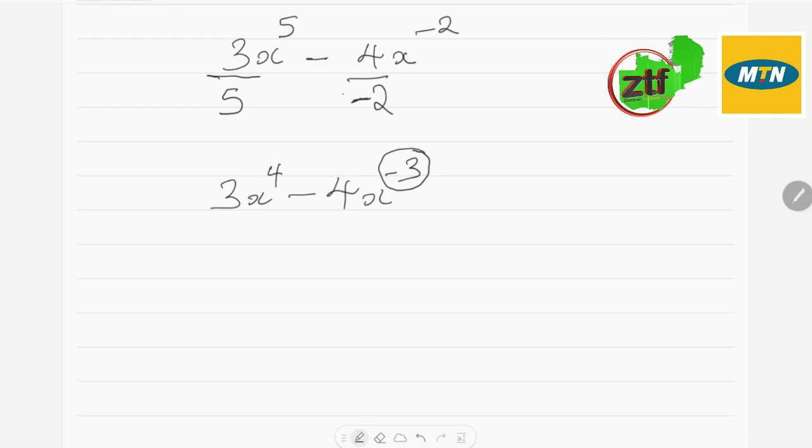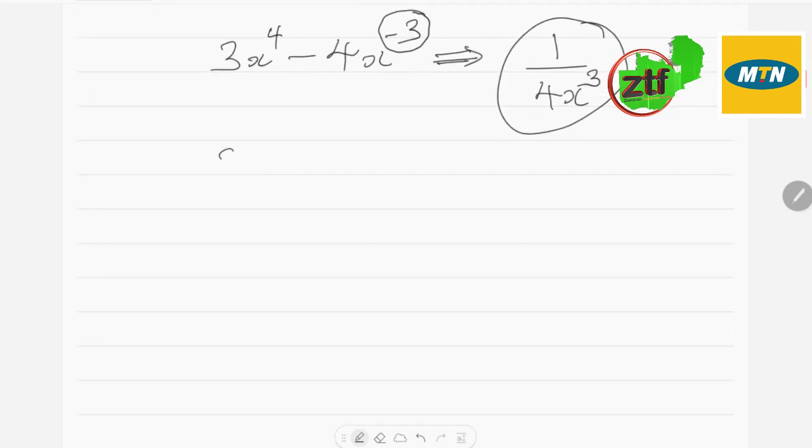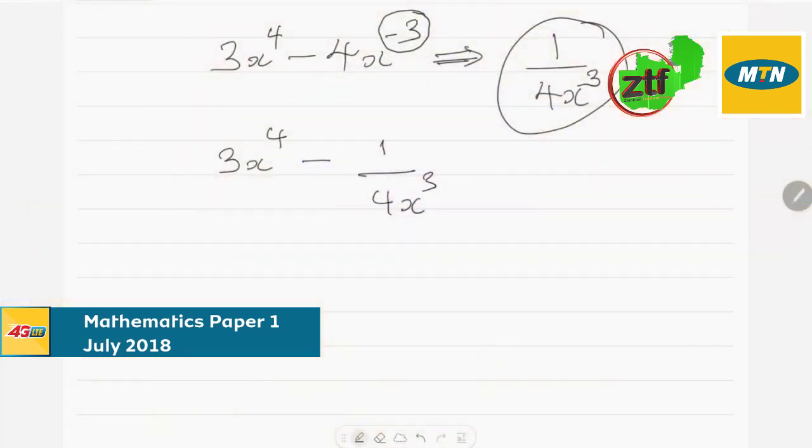Since it's a negative index, we can express it as a positive index, and this is going to give us 1 over 4x to the power 3. So there's nothing wrong in saying 3x to the power 4 minus 1 over 4x to the power 3. It's one and the same thing.